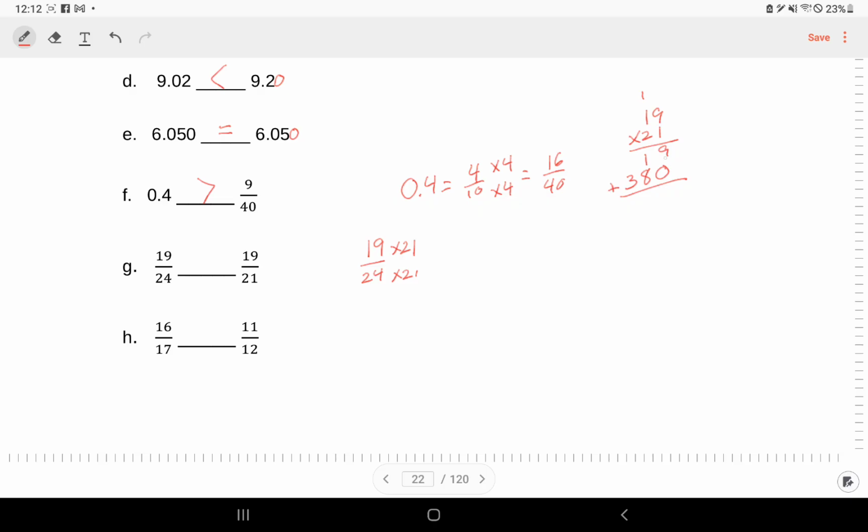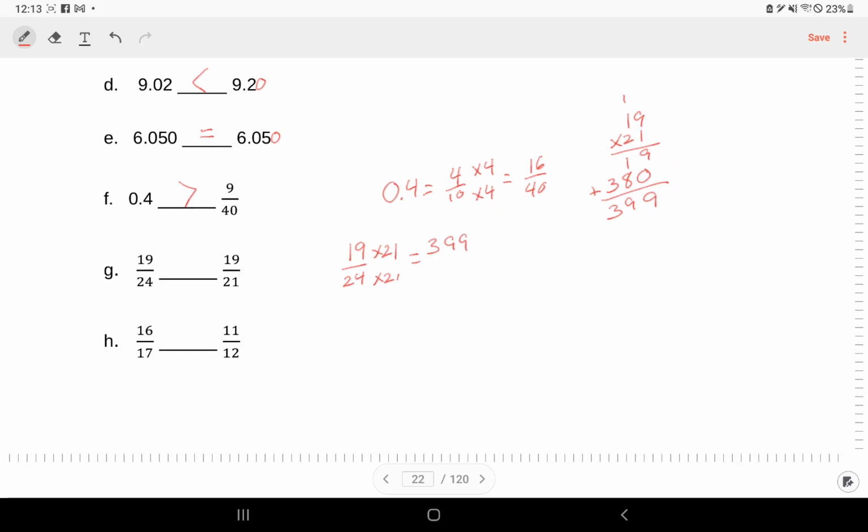And we add 9 and 0. 1 and 8. 3 and 0. So we get 399. Then we do 24 times 21. 1 times 4, 1 times 2.